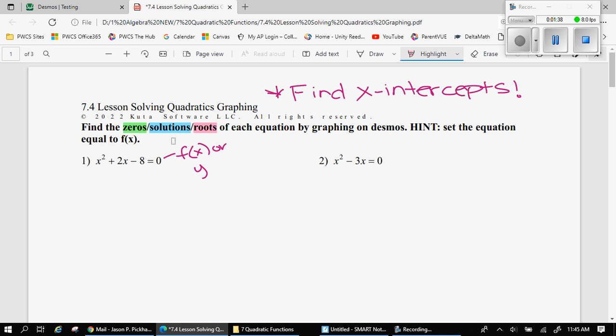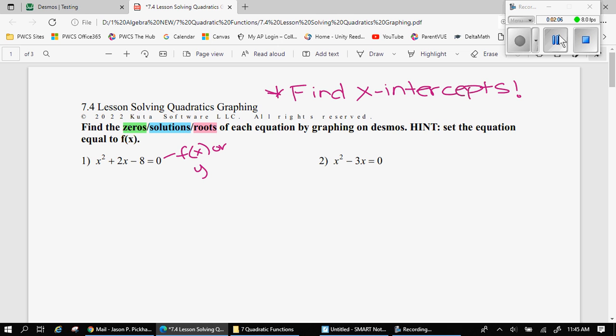So if you're asked to find the zeros, the solutions, the roots, what you're really being asked to find is what's the x value where the parabola, our quadratic function, crosses the x-axis. So we are going to graph these things, and we are going to find the x-intercepts, and those will be our zeros, our solutions, our roots for the quadratic function.